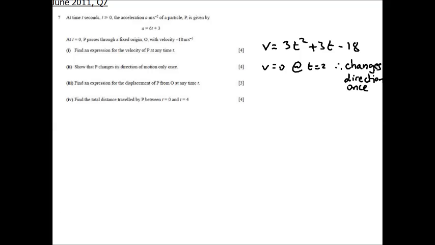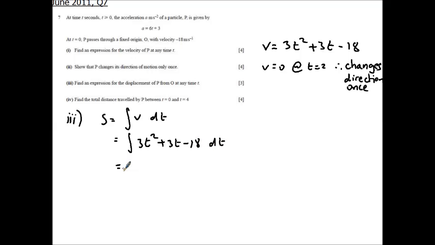In part 3, we're asked to find an expression for the displacement of P from O at any time t. Therefore, again this time we find the displacement by integrating the velocity with respect to time. We've already worked out the answer from before, so we integrate 3t squared plus 3t minus 18.